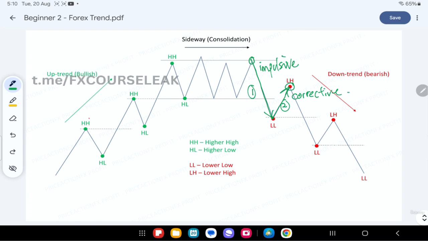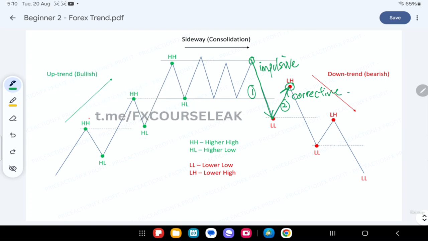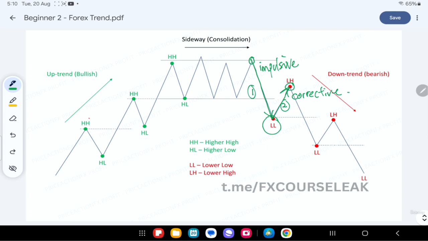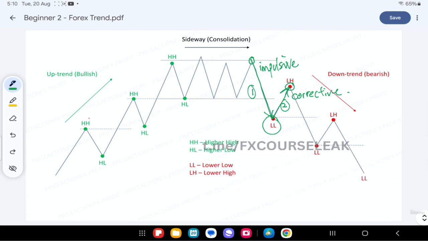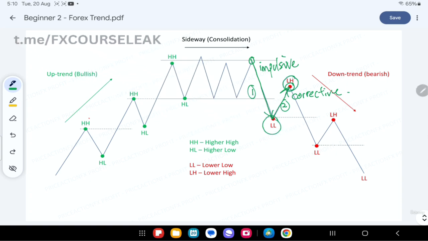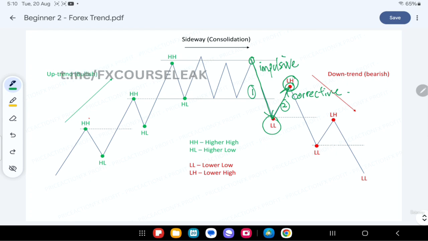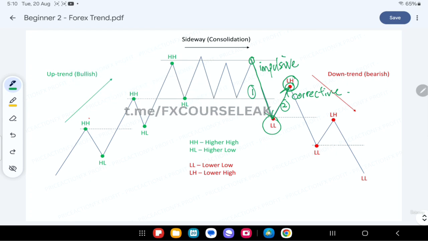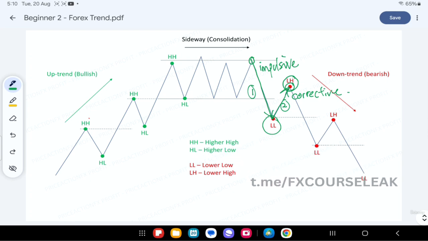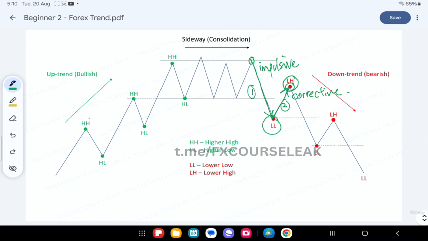After making the corrective wave, from here now we know that under a bearish trend, the lowest point is called LL, lower low, and the retracement point on the upper side is called LH, lower high. So after 2 waves come, to confirm that the downtrend is there, we need the third wave.